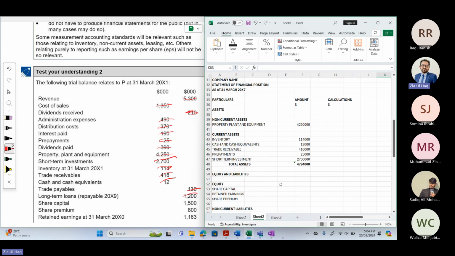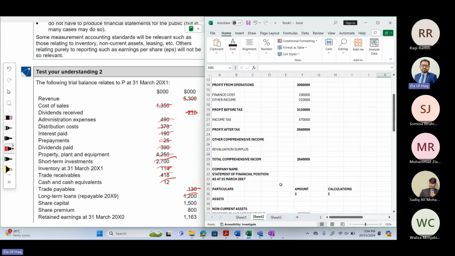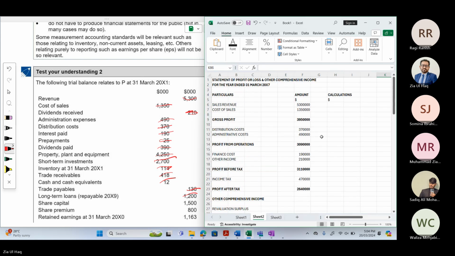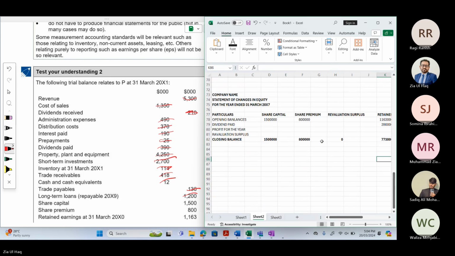So we can check what the profit figure is. The profit figure is 2,640,000.